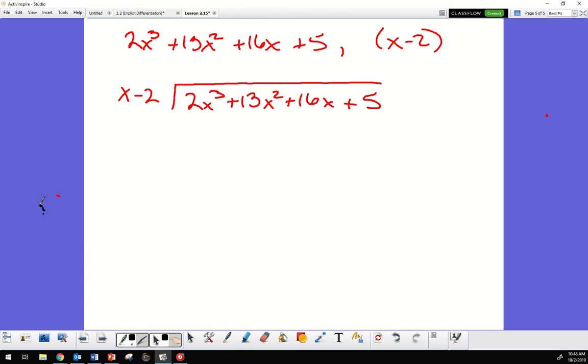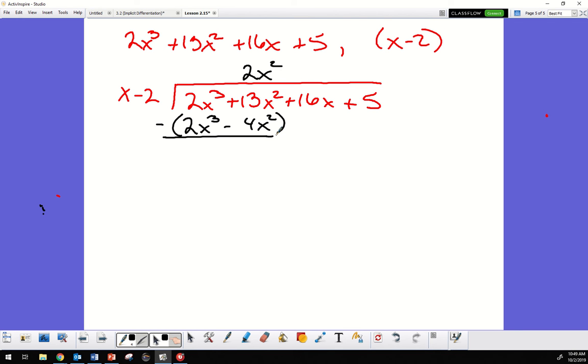So that's my first term that I have to address. I have to try and cancel that one, right? So what am I going to multiply by x to get 2x cubed? 2x squared. So when I distribute that, I should get 2x cubed. And 2x squared times negative 2 is minus 4x squared, right? And remember, this is from yesterday. So I put parentheses and a minus sign right there so we don't lose our minus sign.